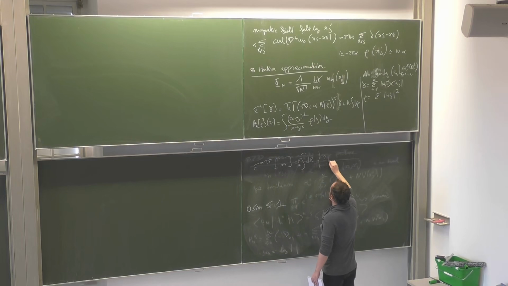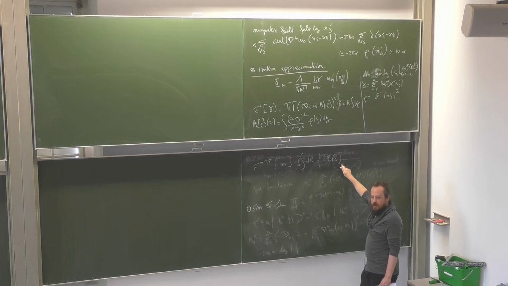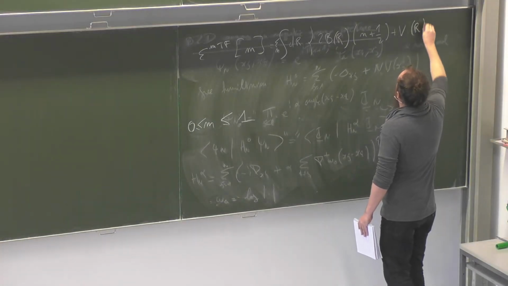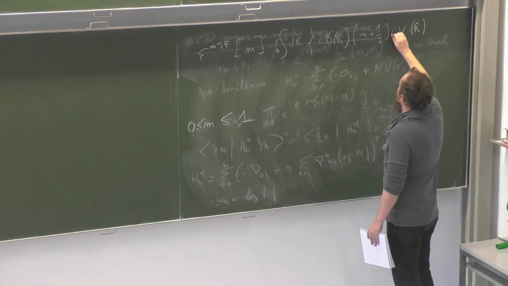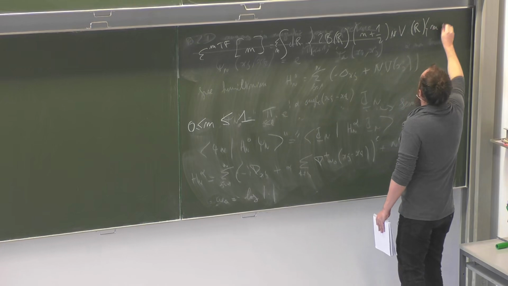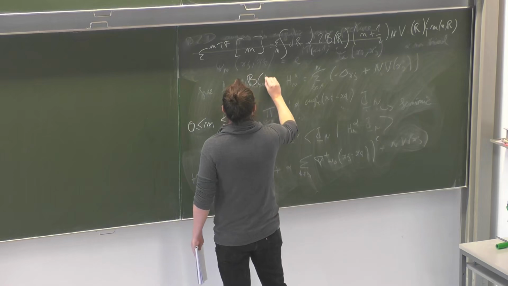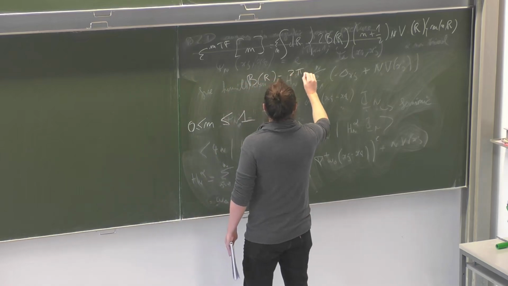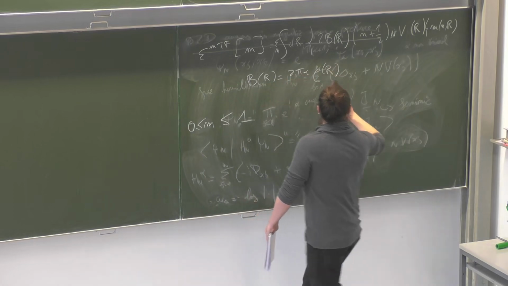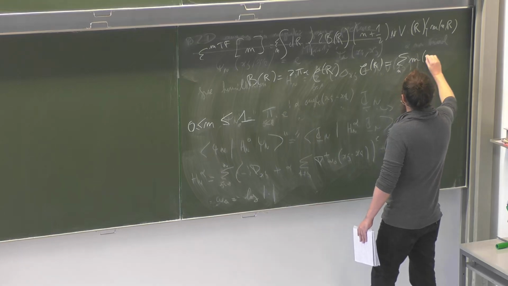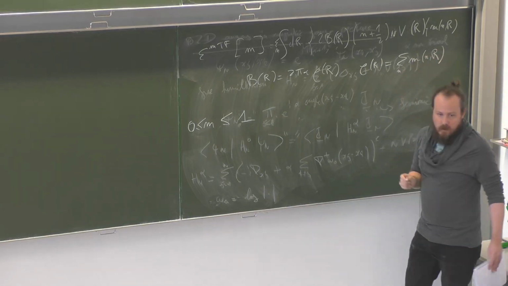But now your magnetic field depends on where you are, so it's a B of r. You put n plus alpha, and b of r must be 2 pi alpha rho of r, where rho of r is by definition the density associated to m, so you sum over the Landau level index.